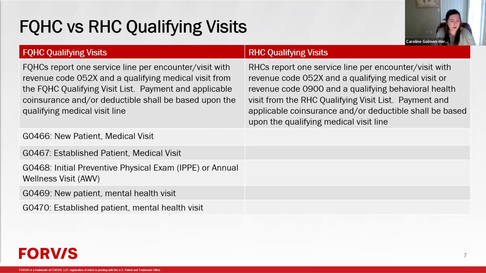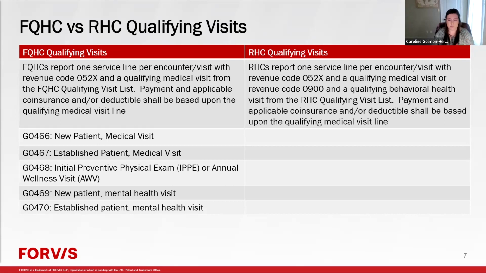So FQHC and RHC qualifying visits are reported a little bit differently across the two services. FQHCs must include an FQHC payment code on their claim. FQHCs will report one service line per encounter or visit, whichever applies, with the revenue code 052 and a qualifying medical visit from the FQHC qualifying visit list.